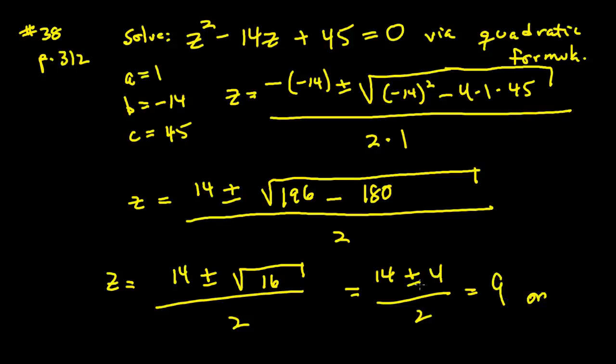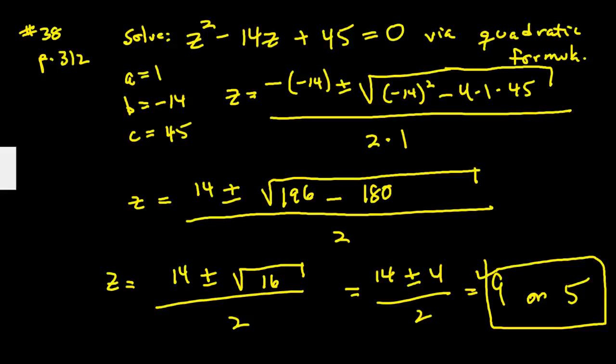Or 14 minus 4 is 10. And 10 over 2 is 5. So I've got two solutions for z. Z equals 9, or z equals 5. So even with somewhat cumbersome values, it turned into a pretty manageable expression with a little work. And let's try another one.